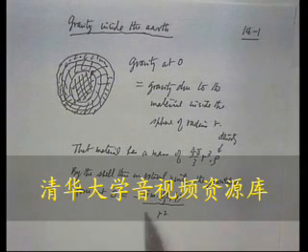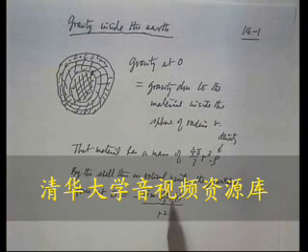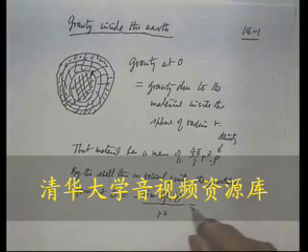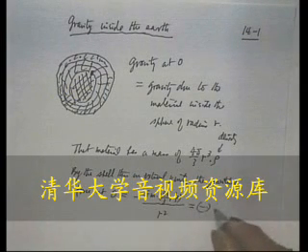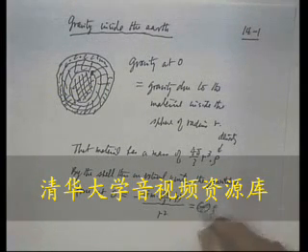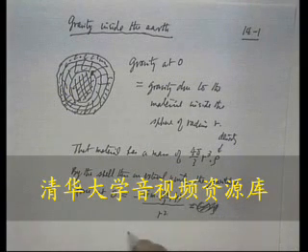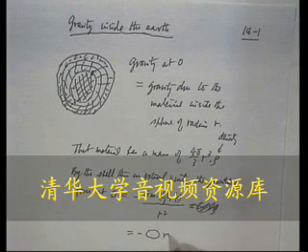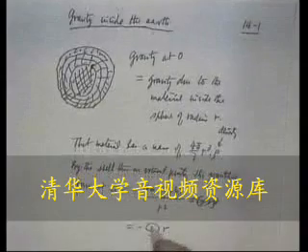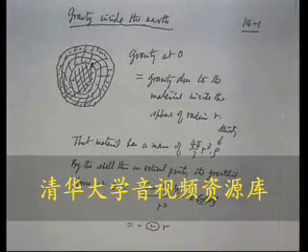This is G M, capital M, divided by r squared. And that is, of course, equal to a constant times r. So we now have the conclusion.